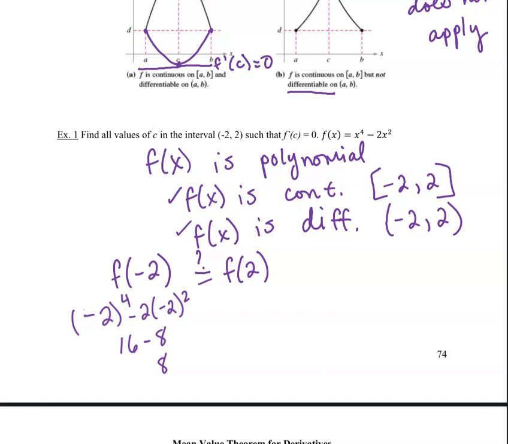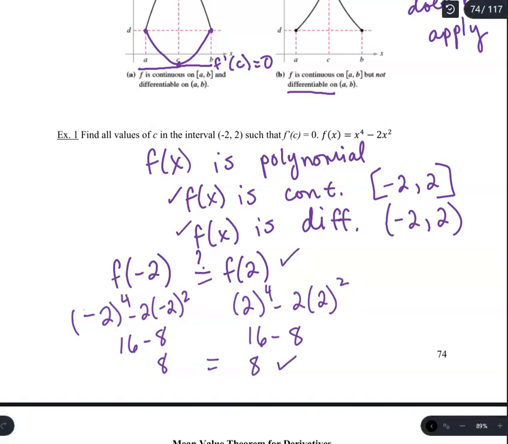And then over here, we would get the same thing. We'd get 2 to the 4th minus 2 times 2 squared, which would give me 16 minus 2 times 4, which would be 8 again. So yes, those two values are equal, so we are good to go. The theorem applies.